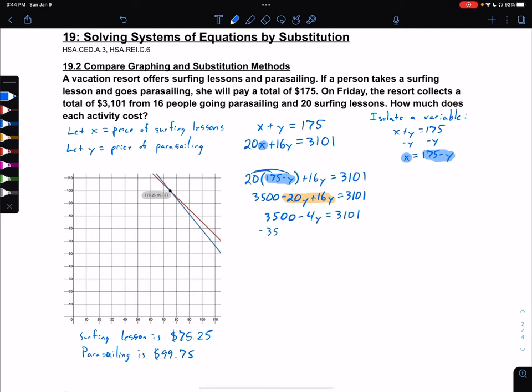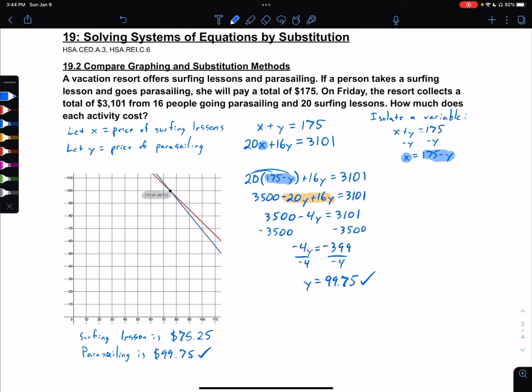We can then subtract 3,500 from each side, so negative 4y equals negative 399, and then divide by negative 4. So y equals, let's hope this works out, 99.75, which is what we are supposed to get. This checks out with our graphing solution.